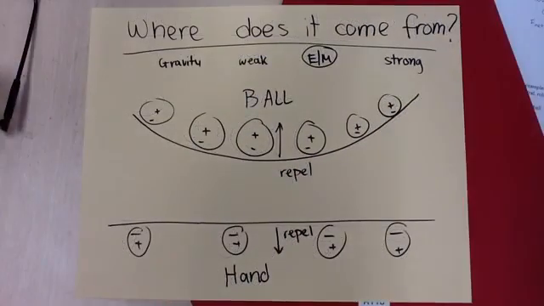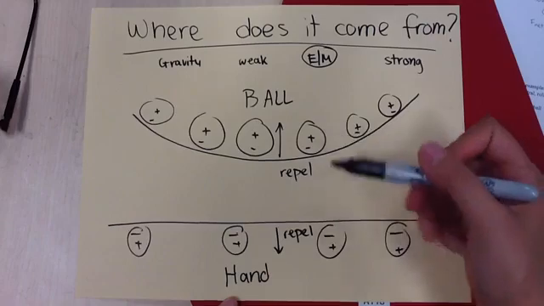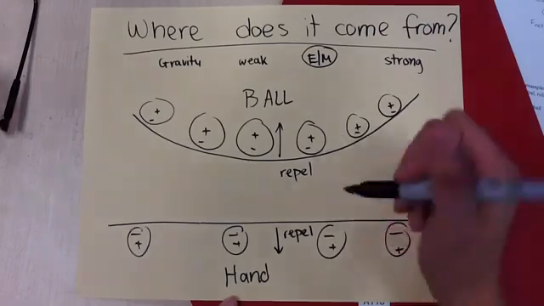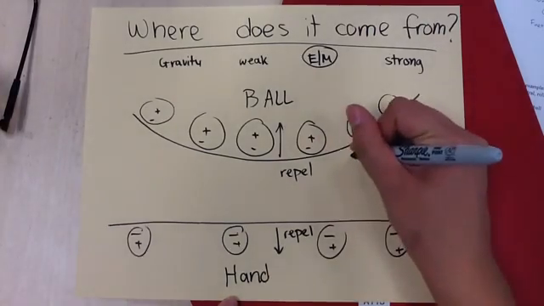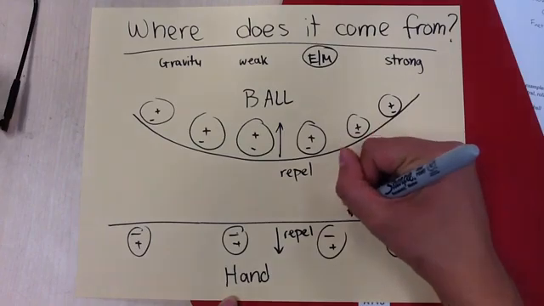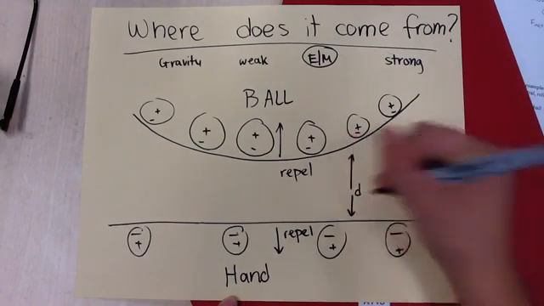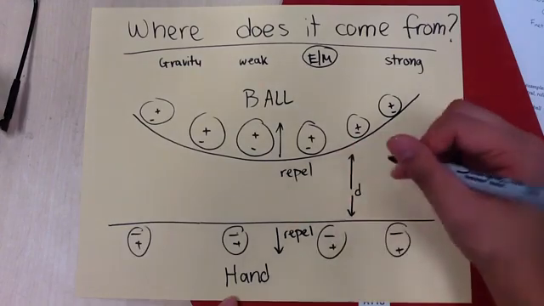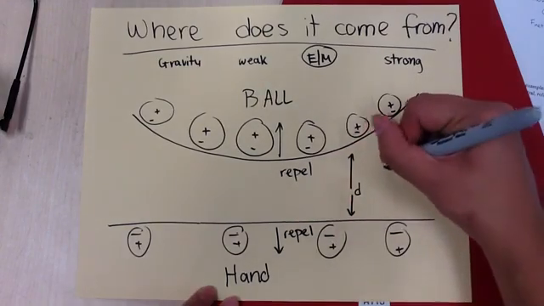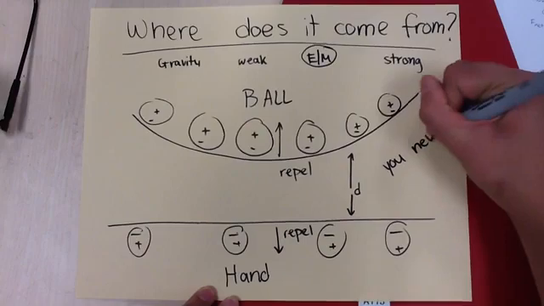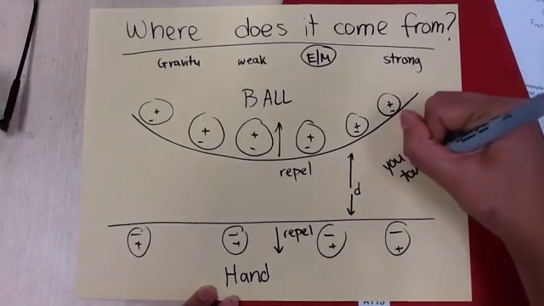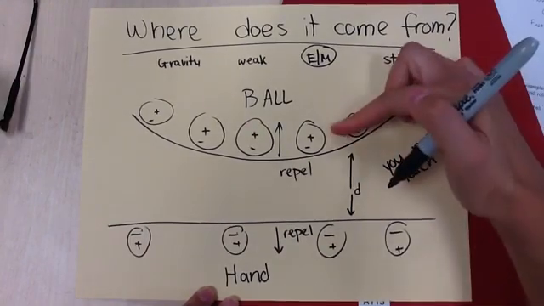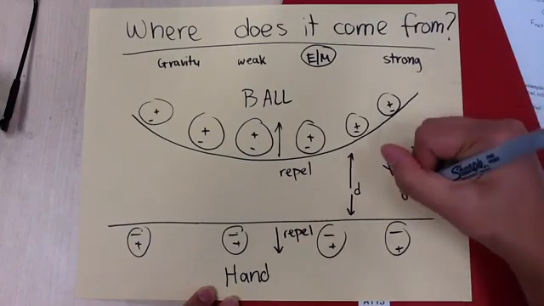Okay, now the really cool thing about this is that because it's repelling, the ball never really touches your hand. In fact, there's always going to be some distance between any two objects that are solid. So if you want to feel really depressed about your life, you never really touch anything. Before you get a chance to touch anything, the electrons in the ball repel the electrons in your hand.